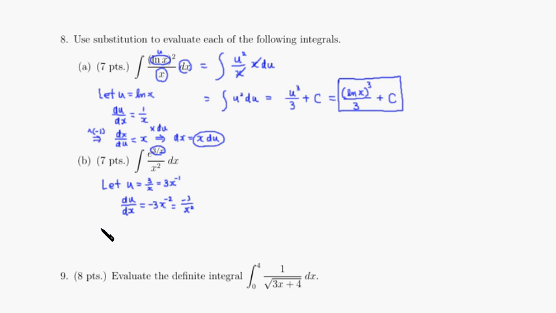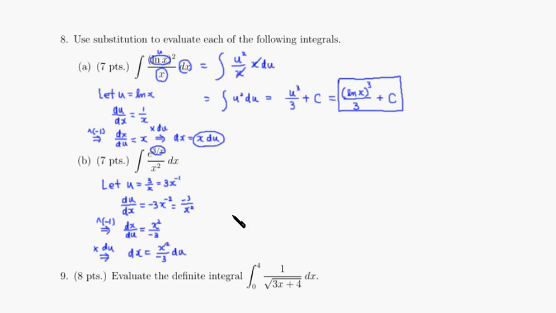So we can take the reciprocal of both sides. We get dx over du is equal to x squared over negative 3. Then, as usual, multiply through by du so that we can isolate dx. So dx is equal to x squared over negative 3 du.